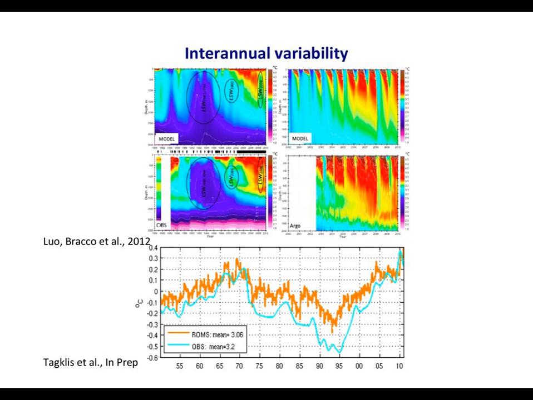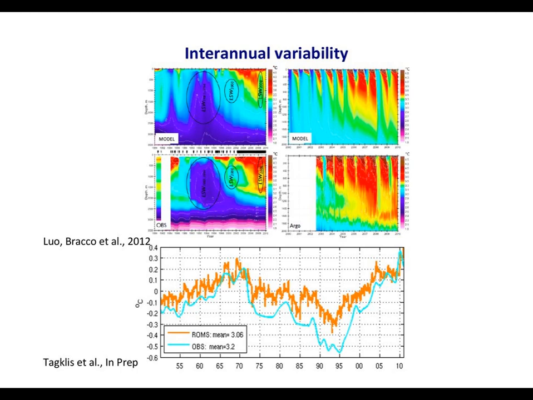What you see here is a comparison of the model convective activity versus the observed, with data from Argo in the plot to the right, and data mostly from single annual cruises on the left, and we have subsampled the model exactly like the observations for that comparison.